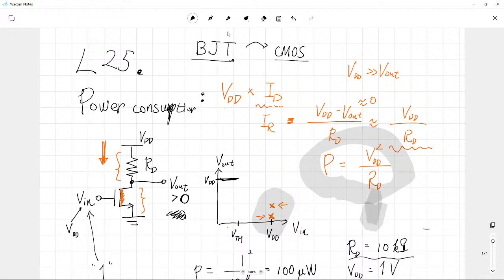The existence of these two types of devices is critically important. Without this pair of transistors, even your logic circuit with this simple configuration will consume a tremendous amount of power. So it's not acceptable for logic applications. Please keep that in mind.